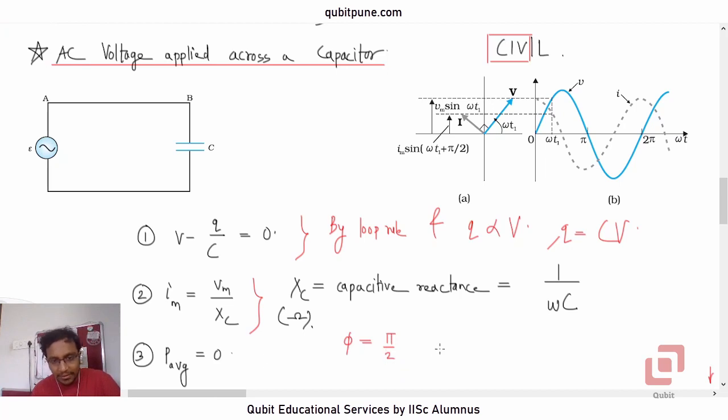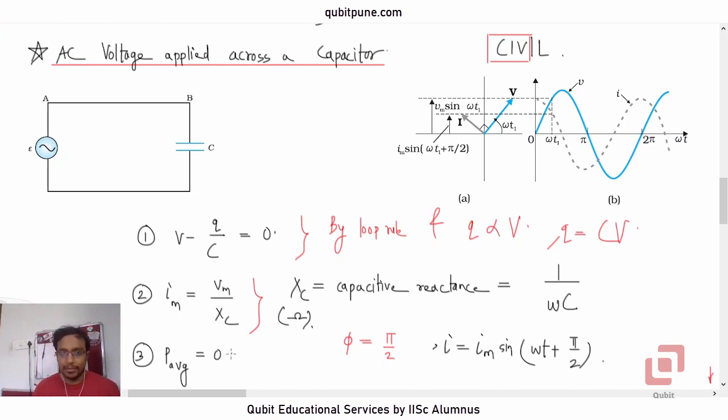So instantaneous current will be I is equal to Im sine of omega t plus pi by 2. You can work it out, but we already worked it out in our regular lectures, and Im is Vm upon Xc.